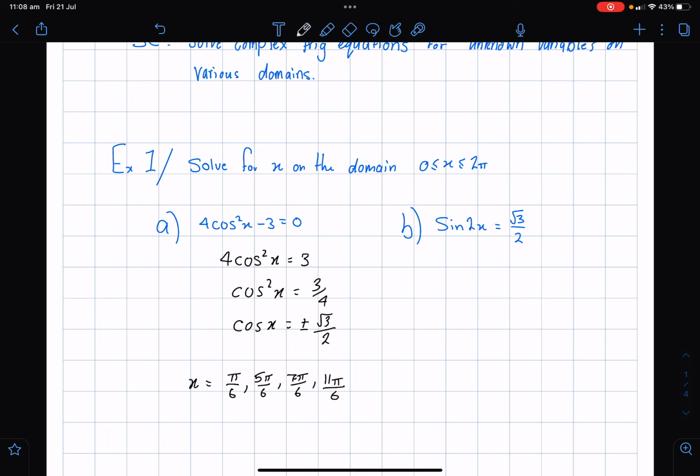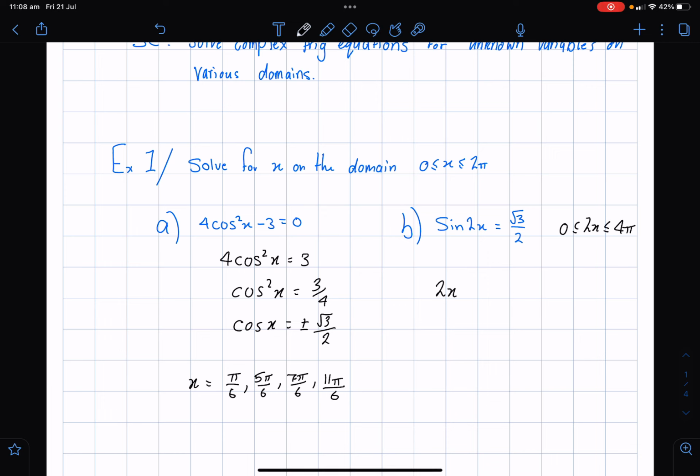So then let's jump to the next example. Now, the big key difference here is there is a 2x here. So what that means is we need to do the same thing to our domain as we've done to our argument. So we've doubled it here, so we need to double our domain. So we're actually looking for 2x, but we're looking between 0 and 4 pi.